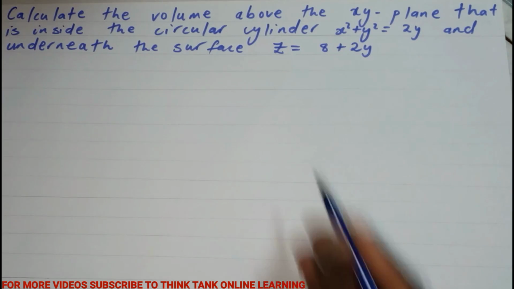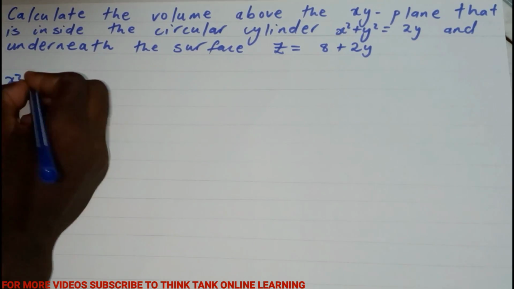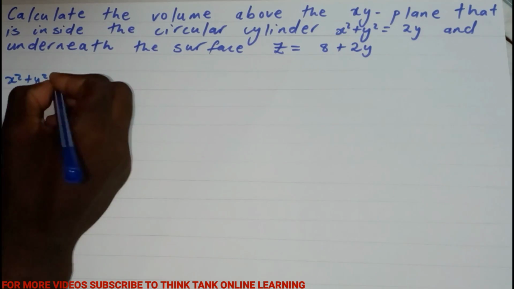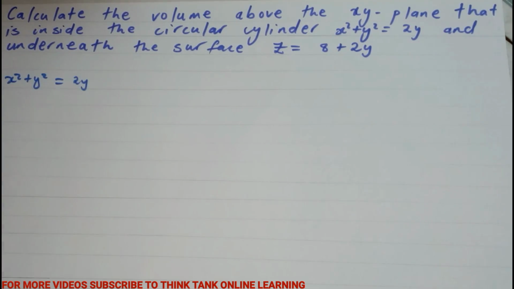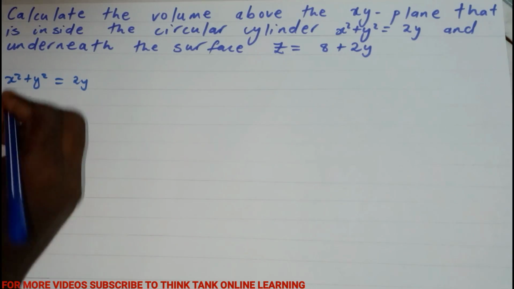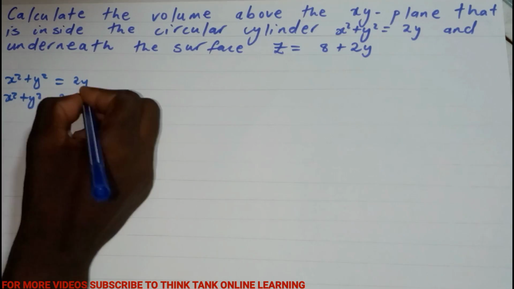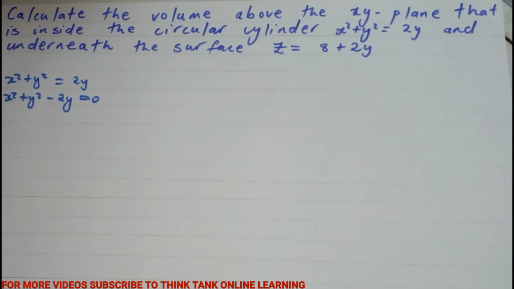Let us write x squared plus y squared equals 2y. Bring 2y over and complete the square. We get x squared plus y squared minus 2y equals 0.